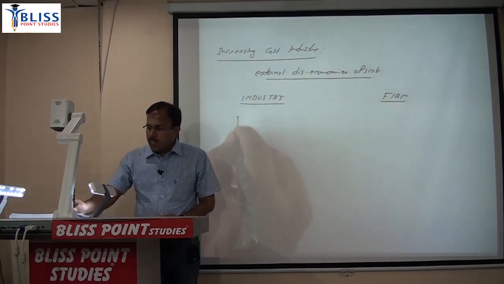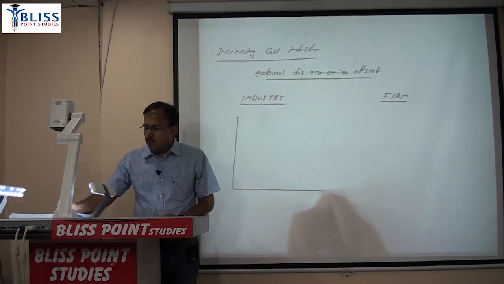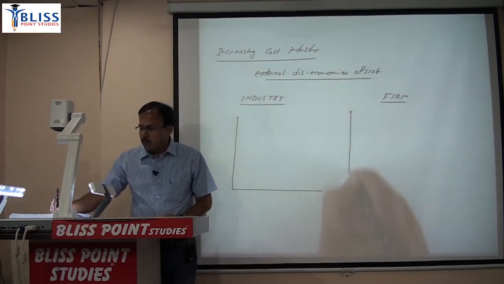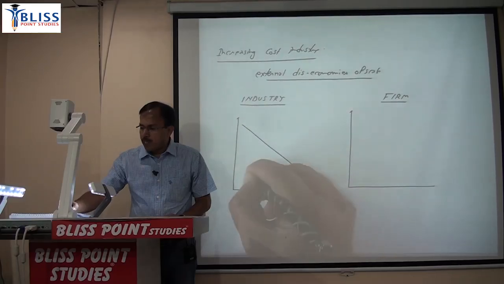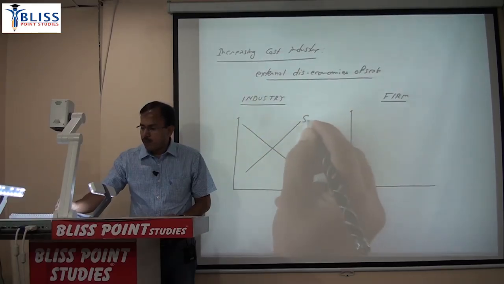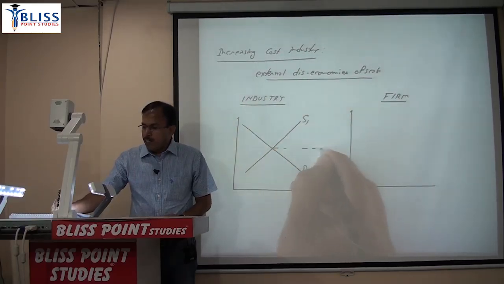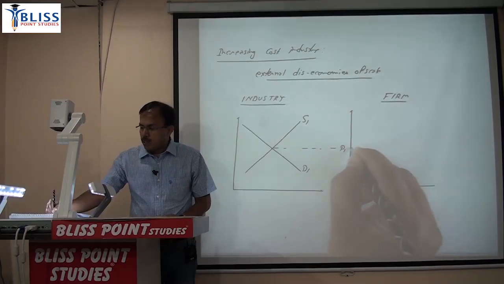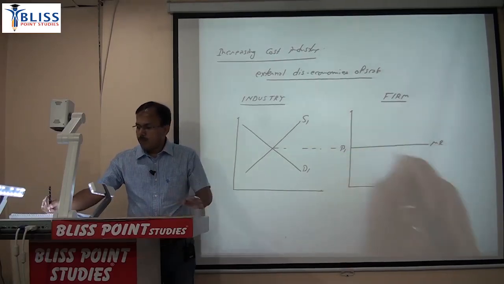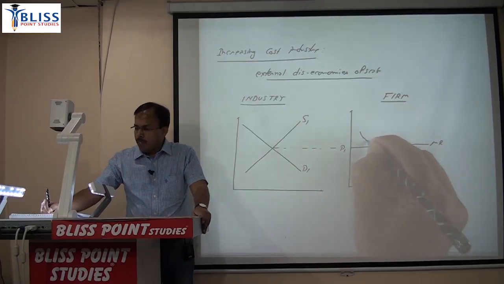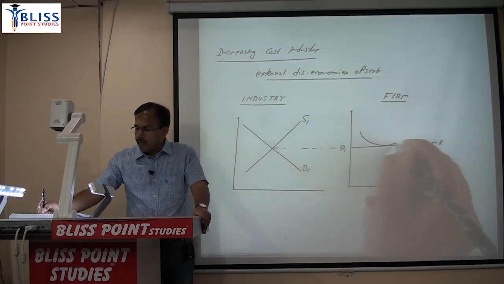Now if you apply that concept graphically, let's draw step by step. Draw the initial demand and supply lines anywhere. Their intersection determines price. That price is the same for all firms. For normal profit, it is tangent.